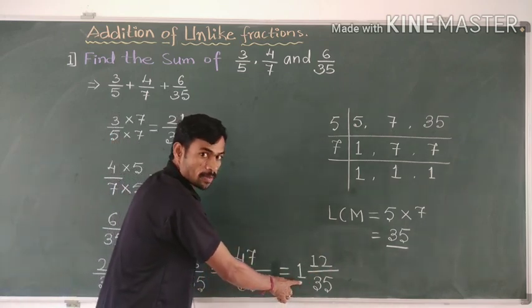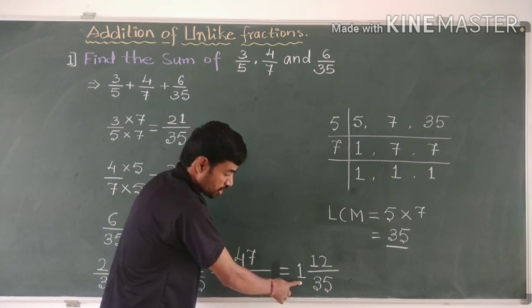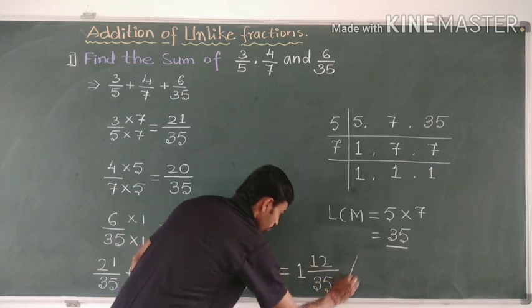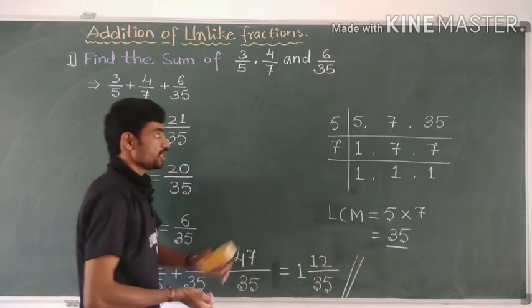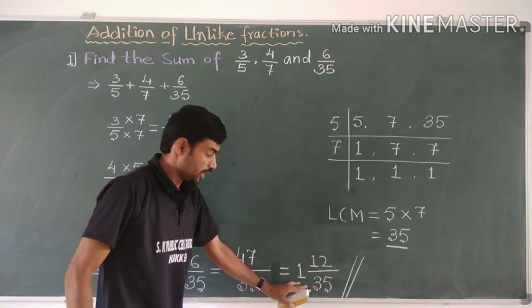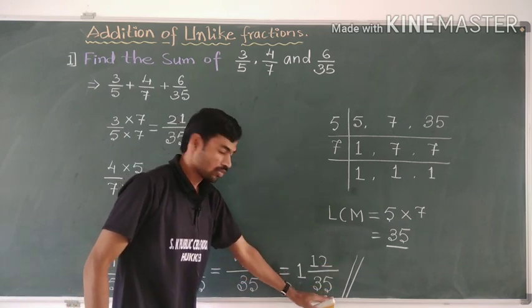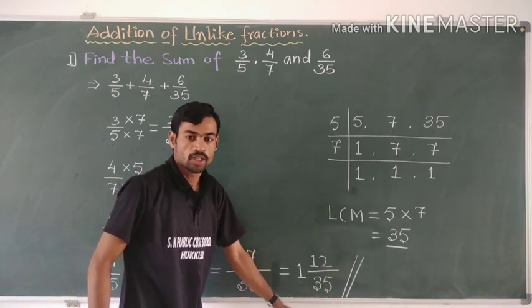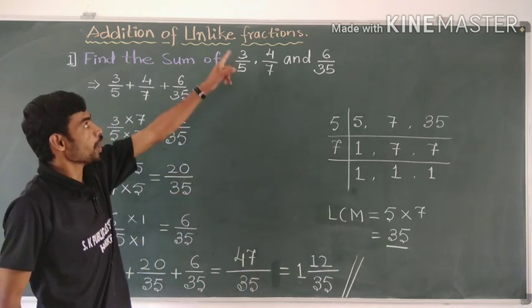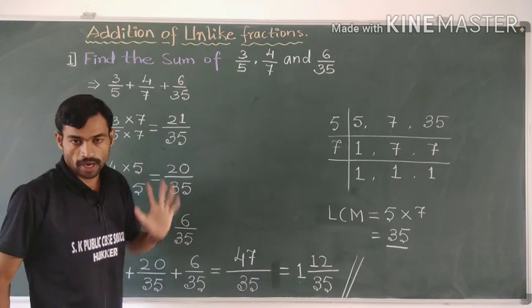So this can be expressed as the mixed fraction 1 integer 12 by 35. So the sum of these unlike fractions is 1 integer 12 by 35. These are the steps we have to use to add unlike fractions.